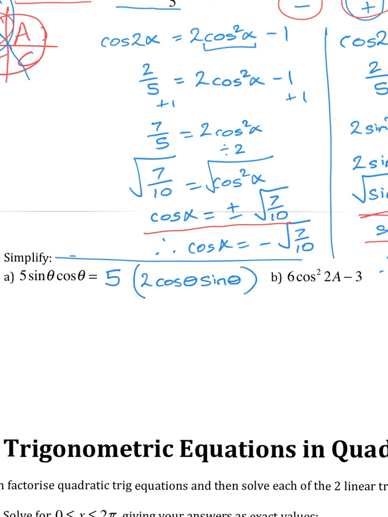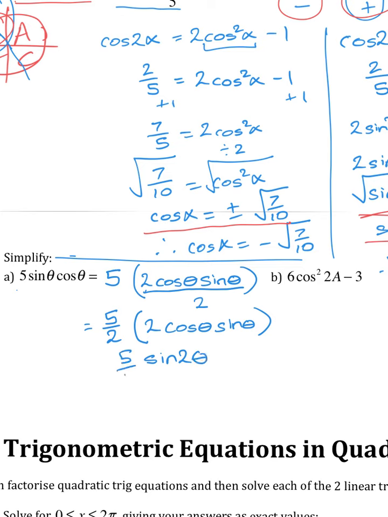They're not equal anymore because I put a 2 in and there wasn't a 2 before. So I also need to divide by 2 to cancel the 2 out. And now I'm going to take that divided by 2 out here. So that becomes 5 on 2 times 2 cos theta sine theta. But wait a minute, 2 cos theta sine theta is the same as sine 2 theta. So that whole thing just equals 5 on 2 sine 2 theta.